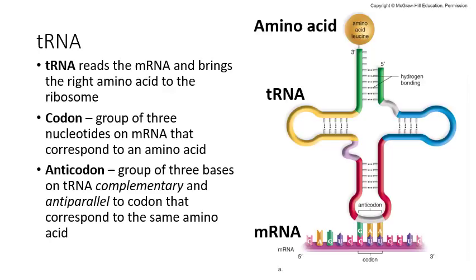What if we use two bases? So what if we say, okay, if you're CU, you get this amino acid. If you're CC, you get that amino acid, and so on. How many amino acids could we encode for then? Well, you put any one of the 4 in the first position, and then any one of the 4 in the second position, and that would give you 16 possibilities.